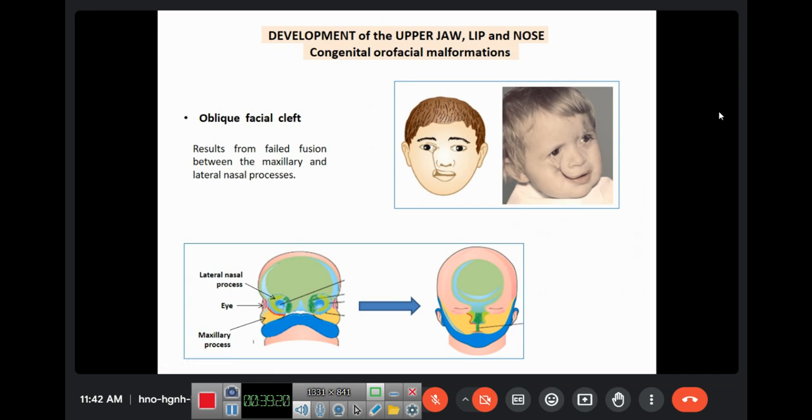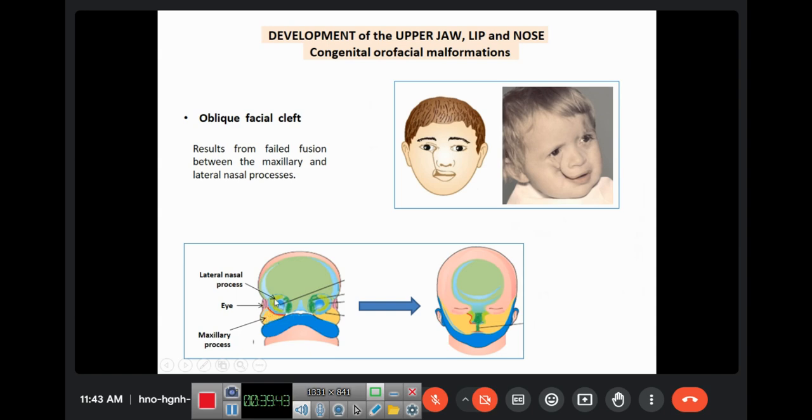Congenital orofacial malformations during development of the upper jaw and lip include oblique facial clefts, which result from the failed fusion between the maxillary and the lateral nasal processes. The line of fusion is shown in red here.